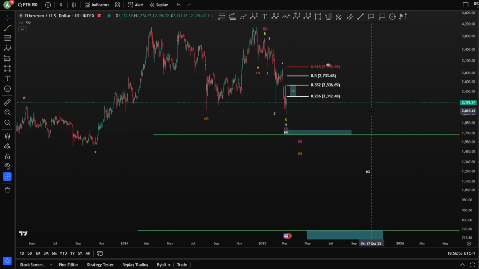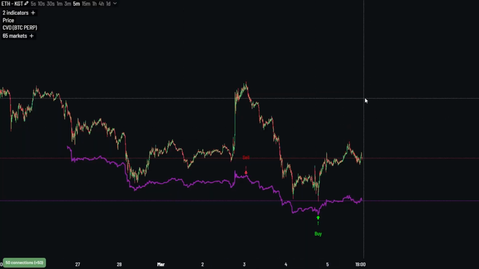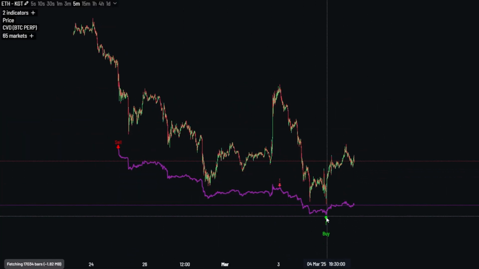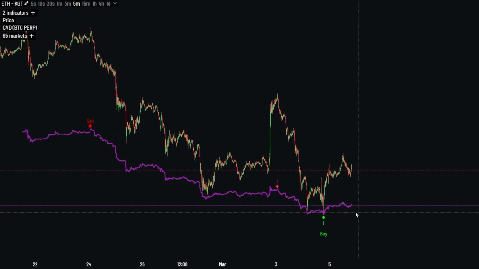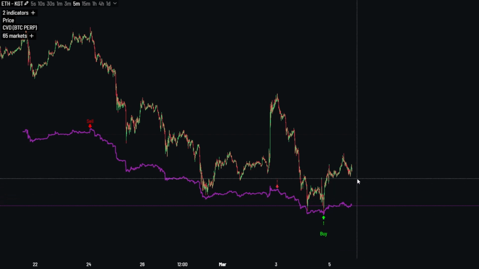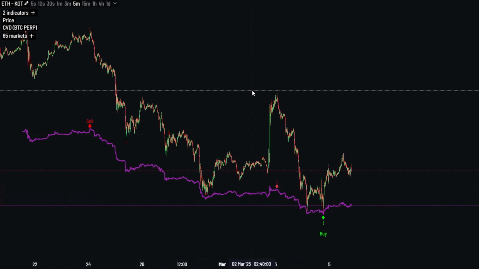If we take a look also at KGT, on KGT we have a bullish signal here, but the CVD is still moving higher. There is no divergence with another bullish signal so far to say that we are bullish. And the convergence of the bearish is still playing here.